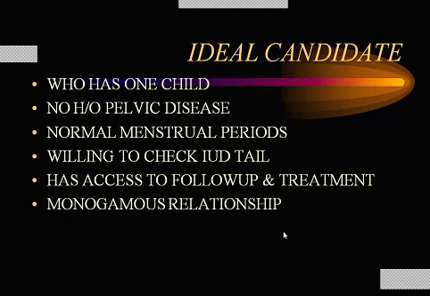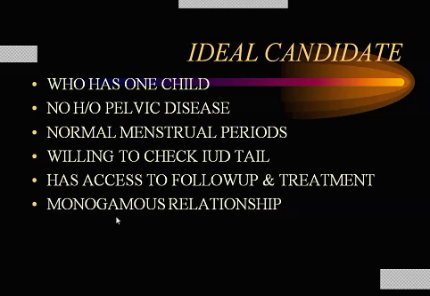So who is an ideal candidate for insertion of IUD? A woman who already has one child, no history of pelvic inflammatory disease or PID, and normal regular menstrual periods. And a woman who is willing to check the IUD tail, whether it is in place in the uterus or not, and has access to follow-up.